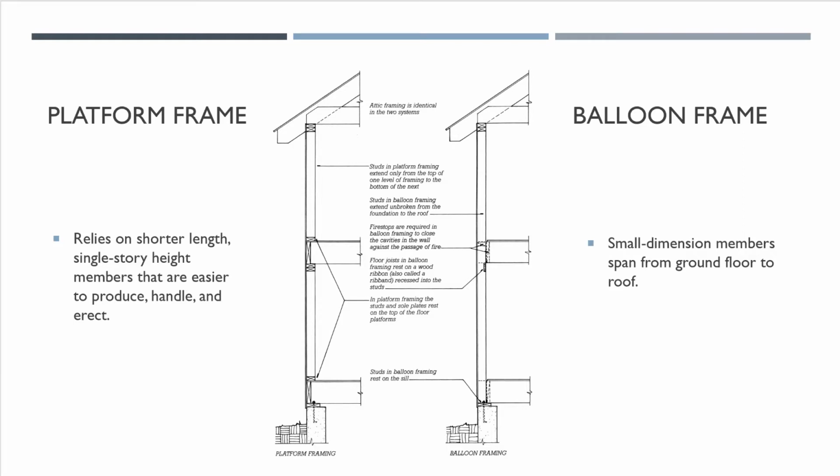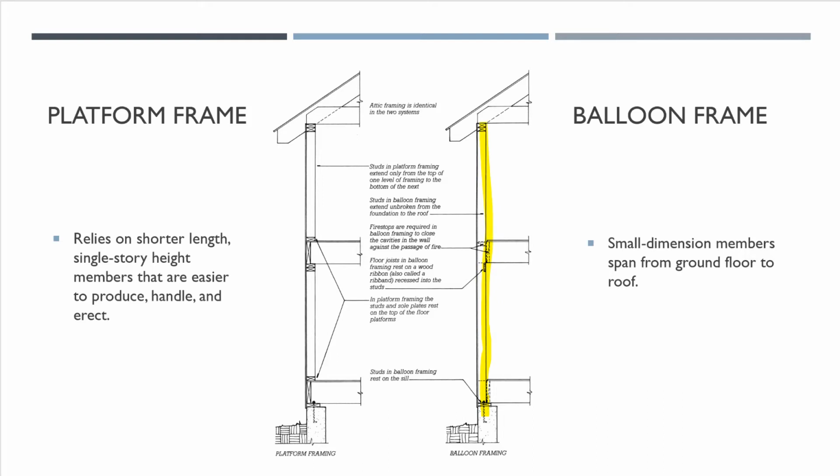There are two different methodologies for framing a residential construction. They're platform frame and balloon frame. So balloon frame construction is older, and typically those members would span from the ground all the way up to the rafter.